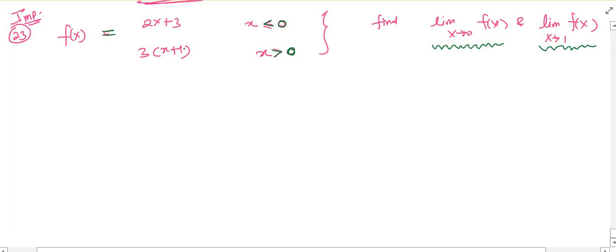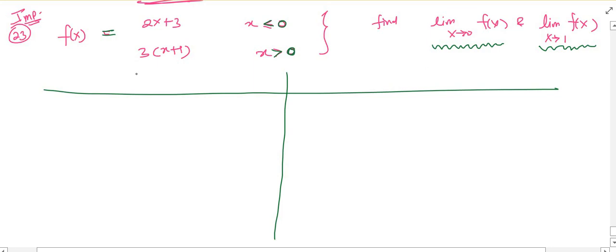For such questions, when there are two definitions, to find limits, we have to find LHL and RHL. Watch it carefully how. If both limits are equal, then we can say the limit will exist and we can find the value.